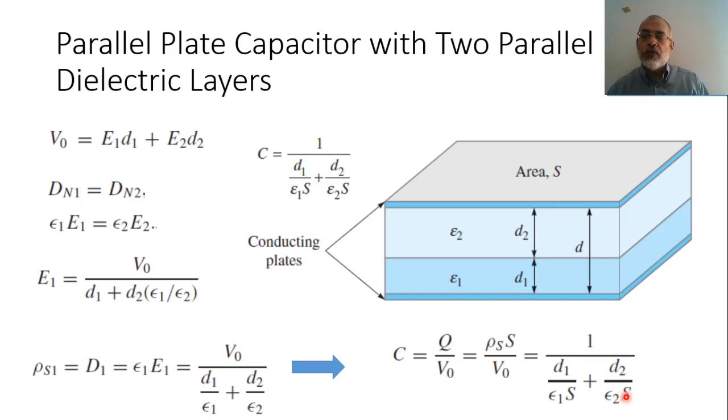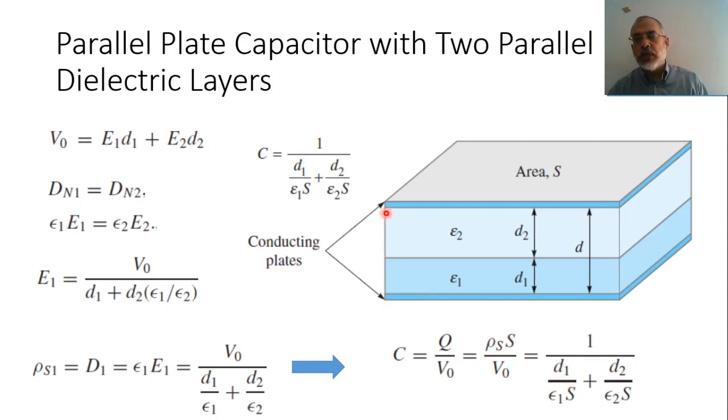Effectively, if we looked at this result, we can imagine that we have two capacitors. A capacitor related to the first dielectric and another capacitor related to the second dielectric. The capacitor related to the first dielectric is effectively epsilon 1 multiplied by the surface area over D1.